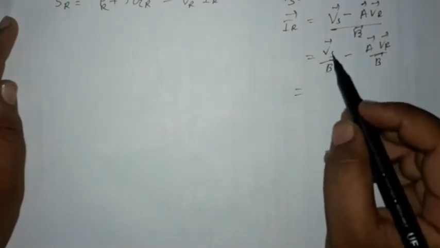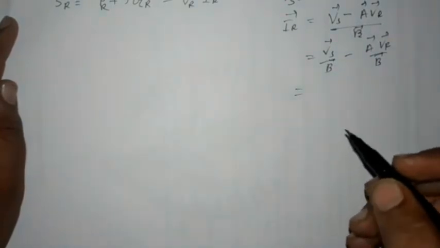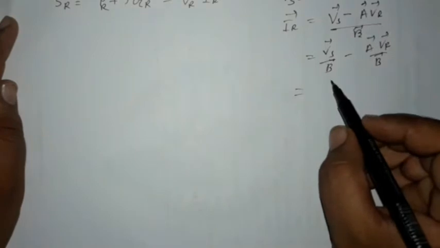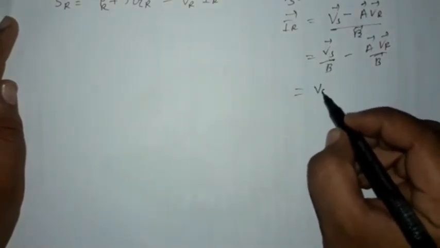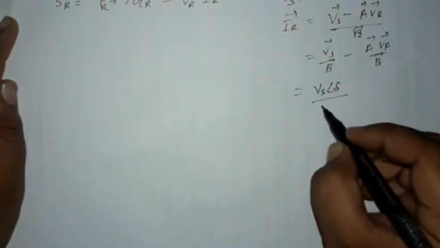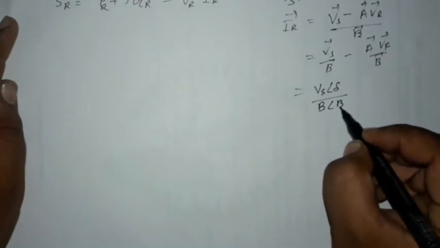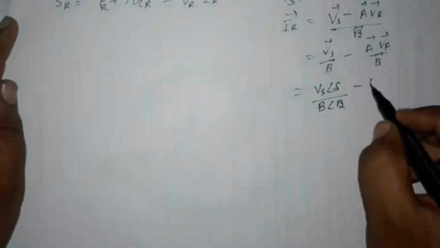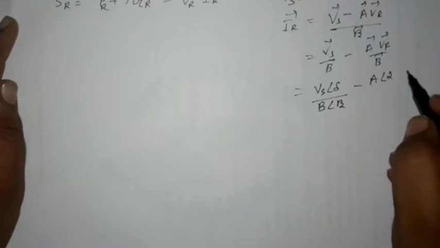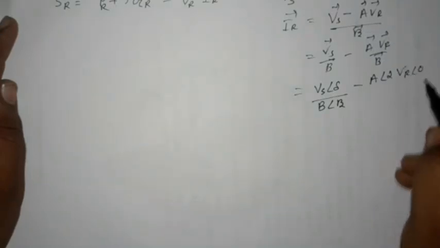Now here is a vector value, so we put the value of magnitude here with angle. So Vs is equal to Vs angle delta, B is equal to B angle beta, A is equal to A angle alpha, and VR is VR angle 0.